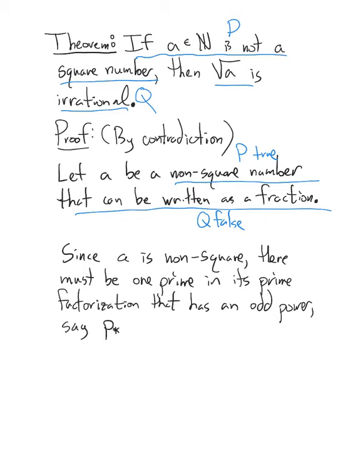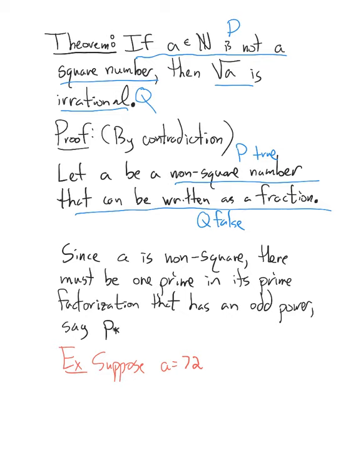So let me just give you an example of what I mean. As an aside, I'll just use red. This isn't part of the argument, but it's getting at what we're doing with A. Suppose A is, let's say, 72.